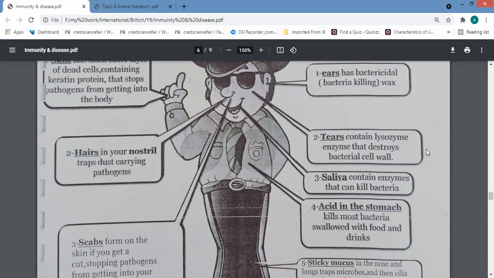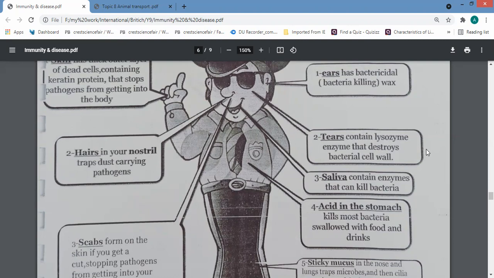So ears have wax that kills bacteria, and eyes have tears containing lysozyme enzymes to destroy the bacterial cell wall. The next organ, the mouth. The mouth contains salivary glands, and these glands secrete saliva. Saliva contains enzymes which have the ability to kill bacteria.